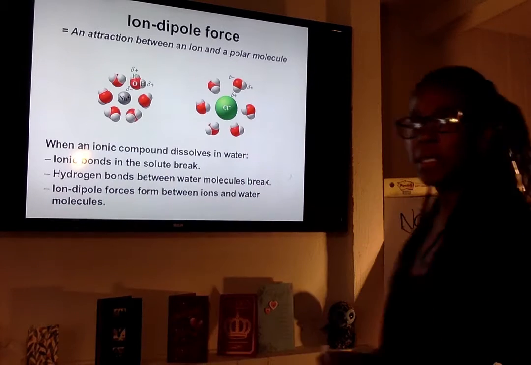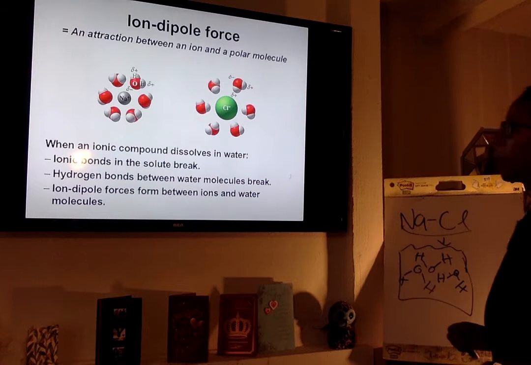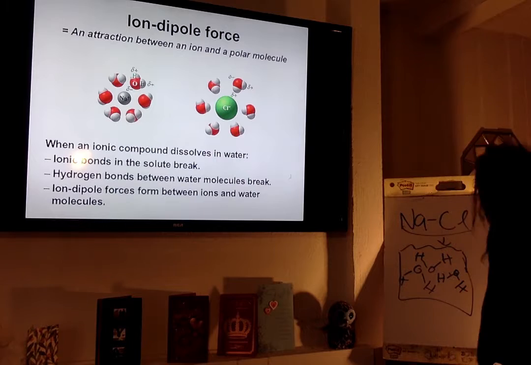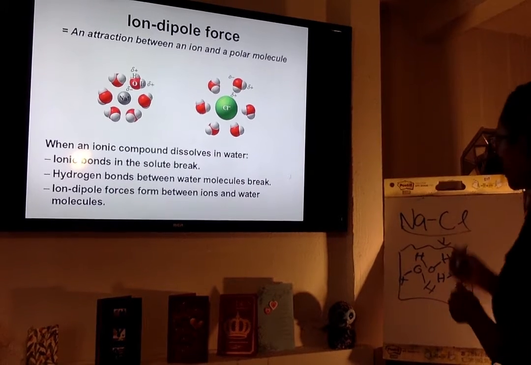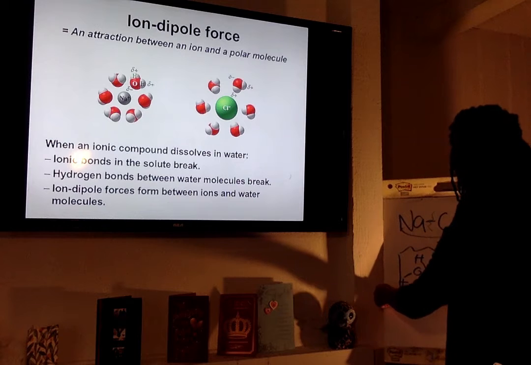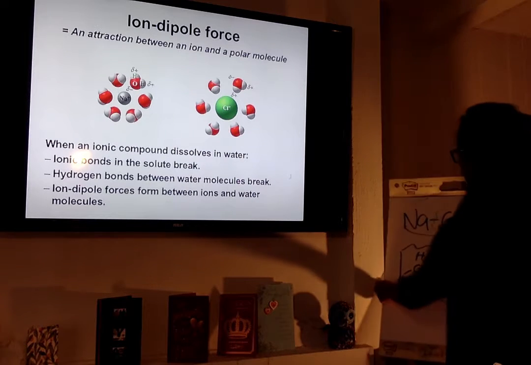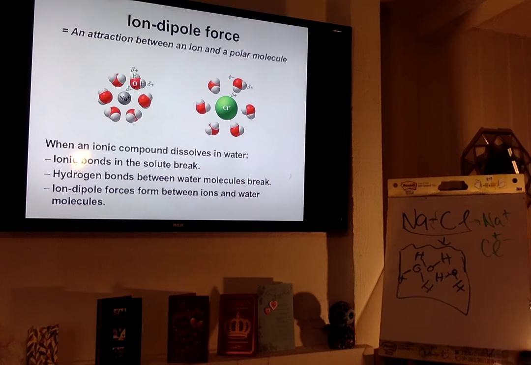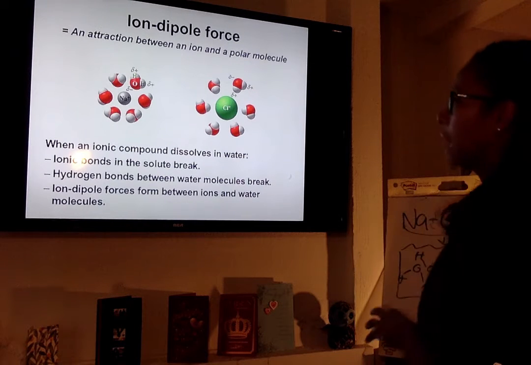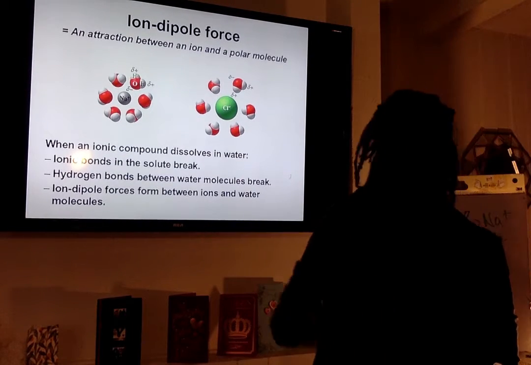So what happens is that the ionic bond in the solute breaks. So this bond between the sodium and chloride breaks, and that's how we get Na+ and Cl-. Those are now ions, so these are our electrolytes. So the ionic bond breaks, and then the hydrogen bonds between the water molecules break.